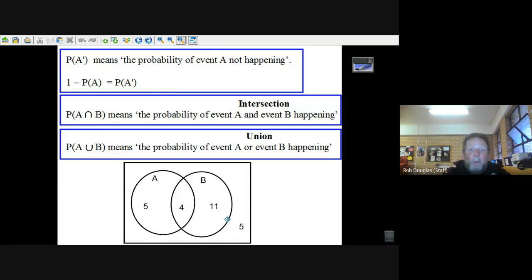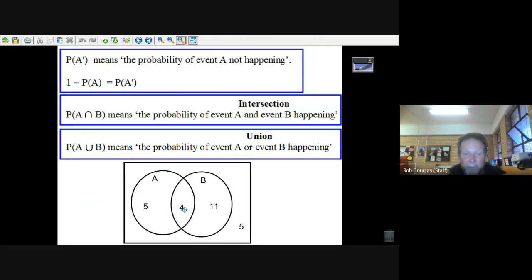Okay. Now we can make fractions here. So the probability of the intersection is just 4, because there's the people that like both, out of a total, you'd add everything up, out of 25. That's the probability of the intersection. But for the probability of the union, you add everything up.